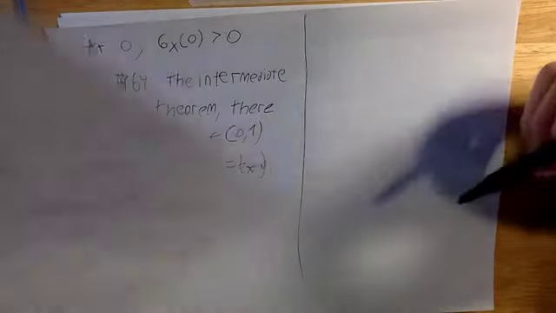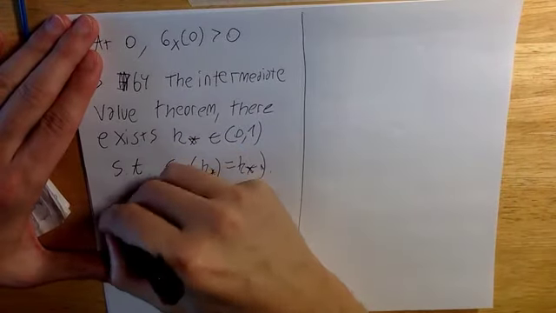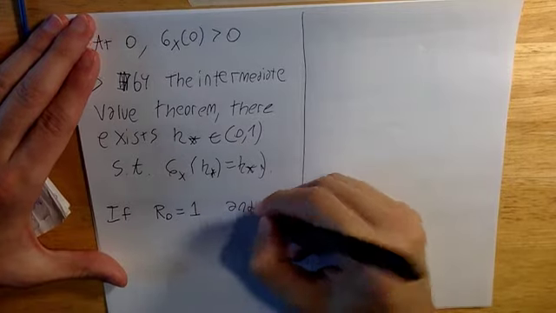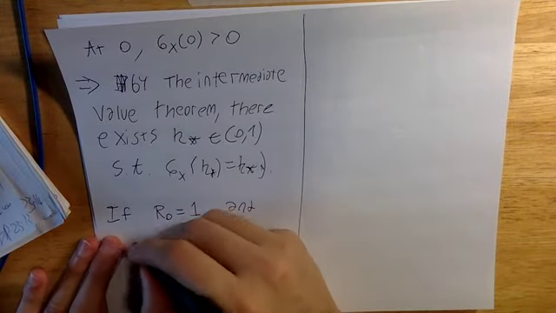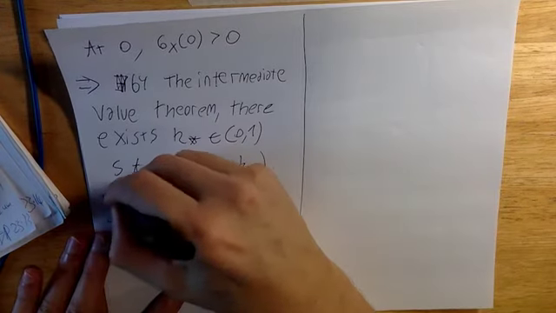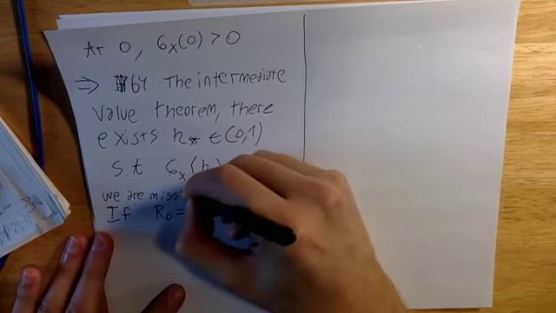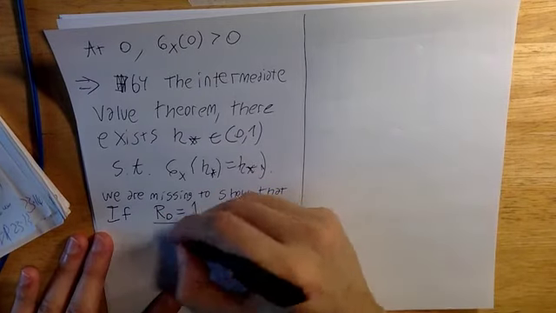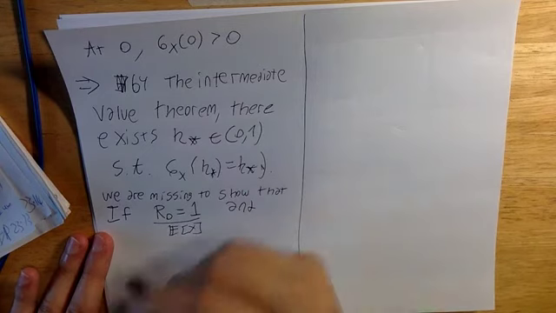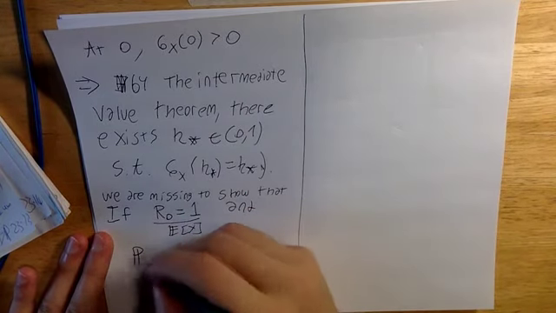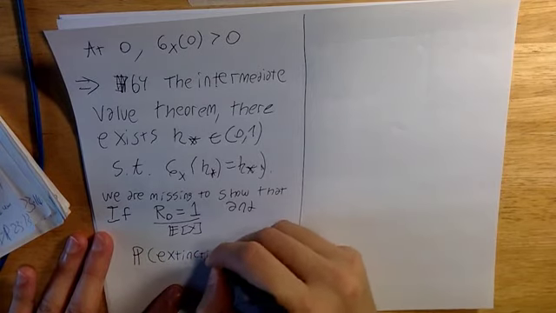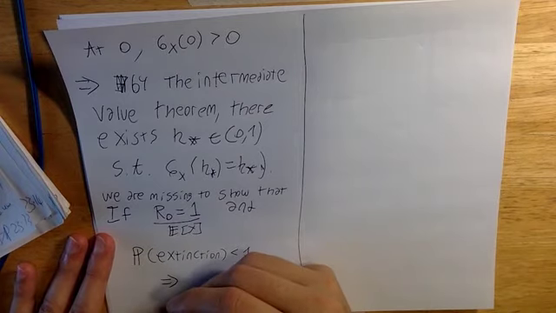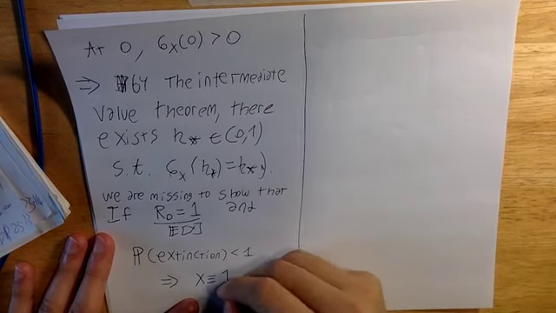So now what we are missing to show is that if R0 is equal to 1, this is the expectation of x, and the probability of extinction is less than 1, this implies that x is identically 1.